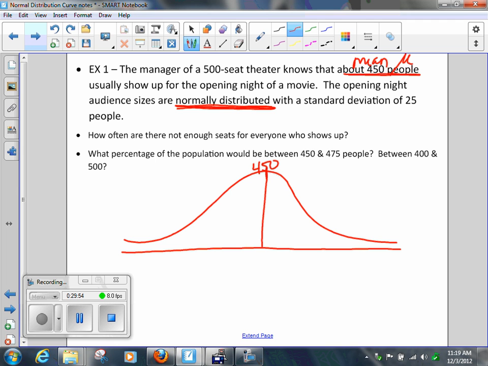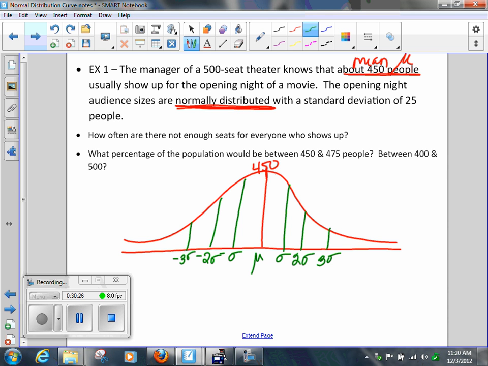Now, you know as well as I do that there's going to be, here's our mu, one standard deviation, positive and negative, two standard deviations, positive and negative, three standard deviations, positive and negative. This is all about drawing this curve and putting information on this curve.